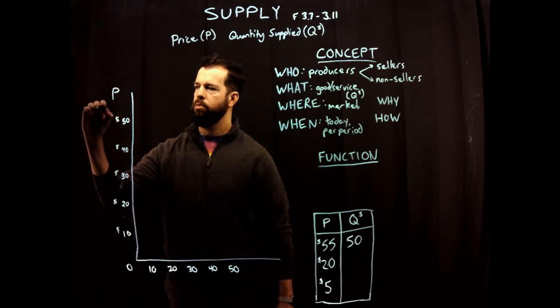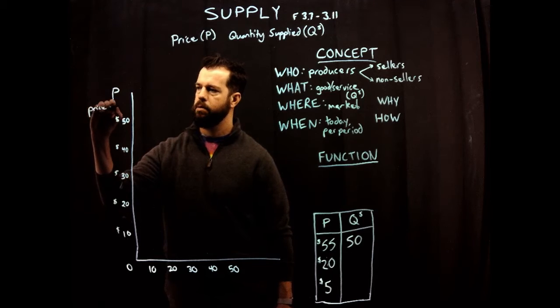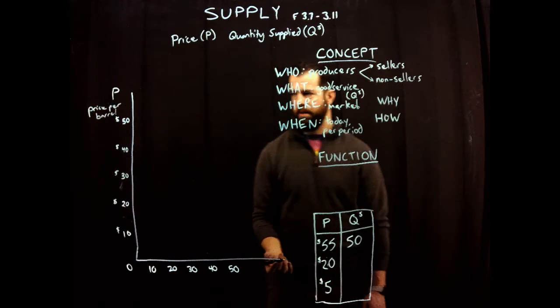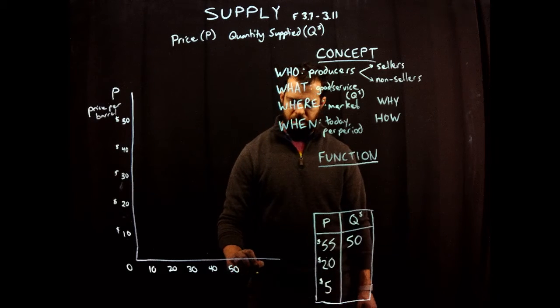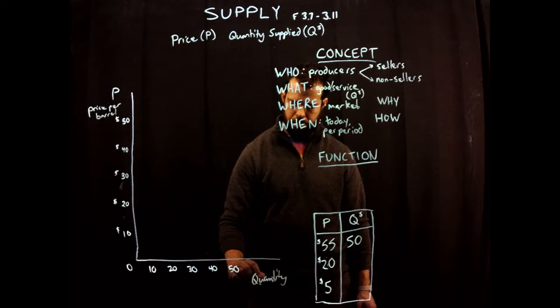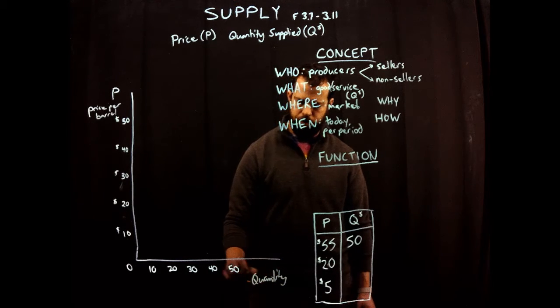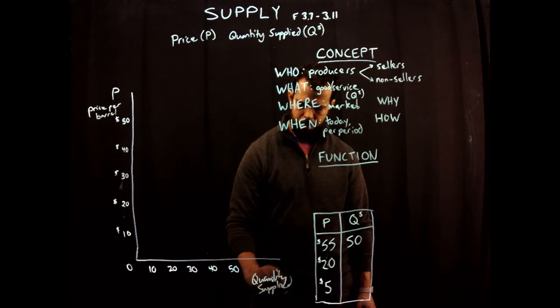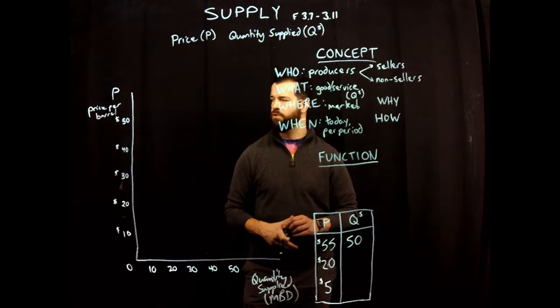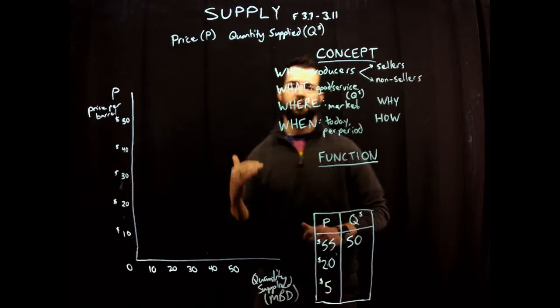So it's price per barrel, and then we're going to have our quantity supplied of oil in million barrels of oil per day. That's what the MBD in your textbook stands for.